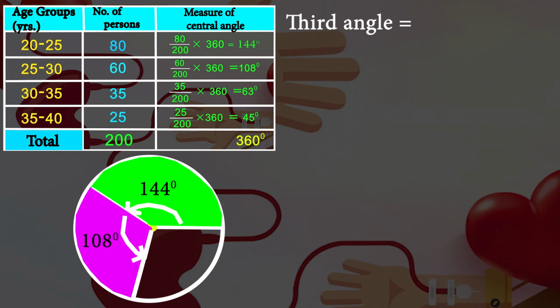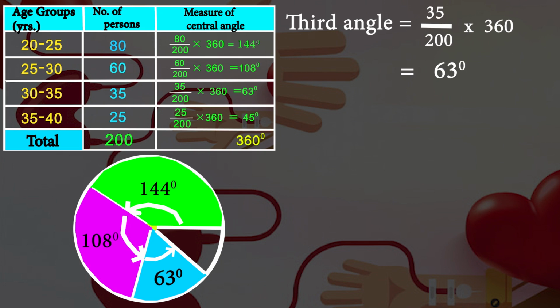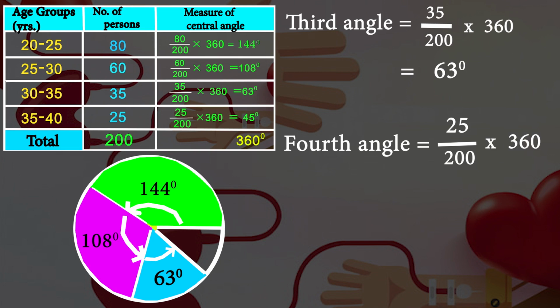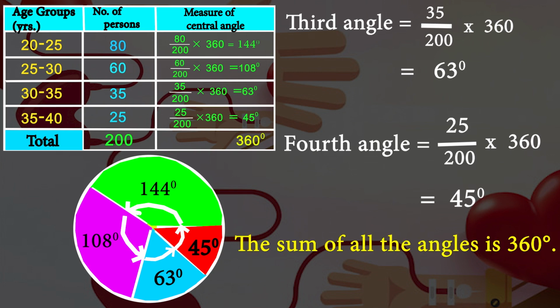Third angle, that is equal to 35 upon 200 into 360 is equal to 63 degree. And fourth angle is equal to 25 upon 200 into 360 is equal to 45 degree. The sum of all the angles is 360 degree.